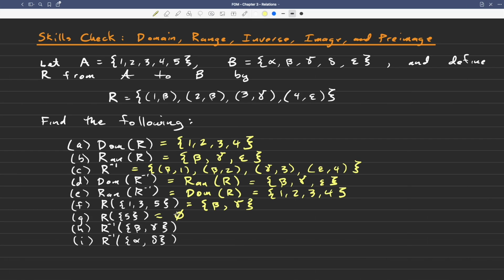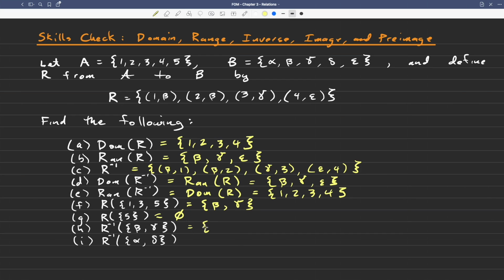Okay, what is the preimage of {beta, gamma}, the set containing beta and gamma? Well, I just ask myself, what are the first components in the original relation that get paired with beta or gamma? So what's a first component paired with beta?